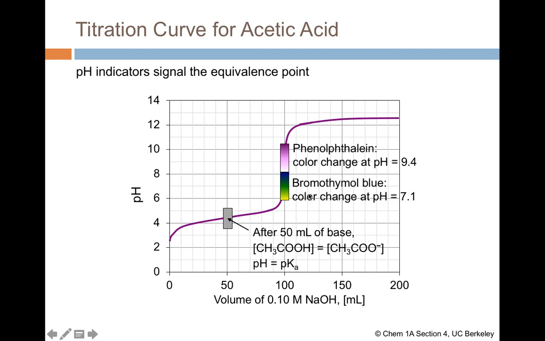And so these are all the same concept as one another, but importantly, they occur at different points because the Ka values for acetic acid, bromothymol blue, and phenolphthalein in this example are all different from one another. And so even though these are all conceptually the same idea, you do want to make sure that you are selecting your indicator for the equivalence point, not for the halfway point to the equivalence point.